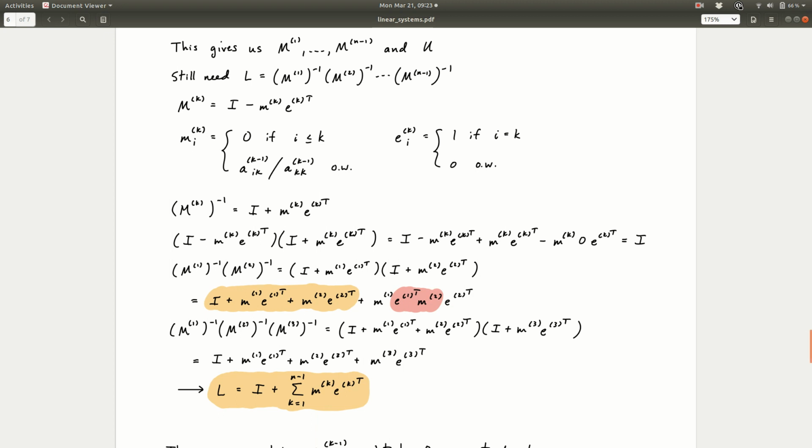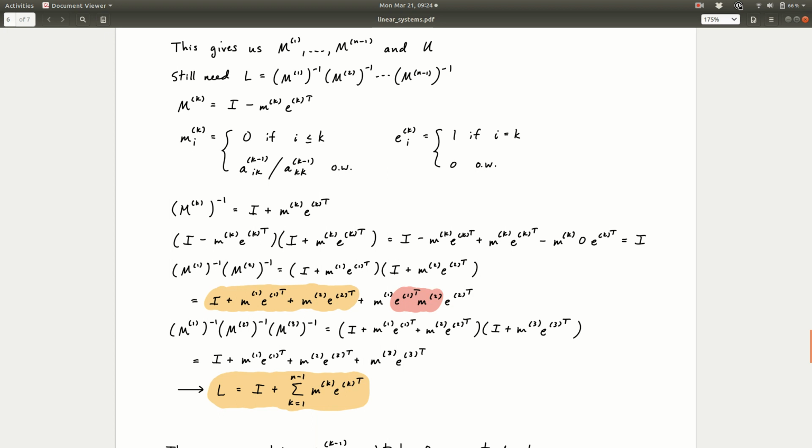We'll define it this way. So mk is a vector. Its ith entry is the following: it's 0 if i is less than or equal to k. That means the first few entries, up through the kth entry, are all 0. And then down below, you get this ratio, aik divided by akk.